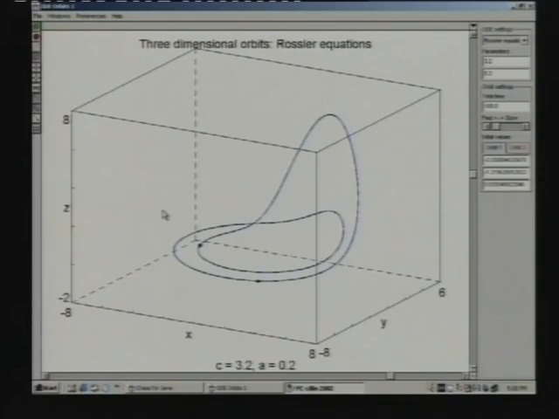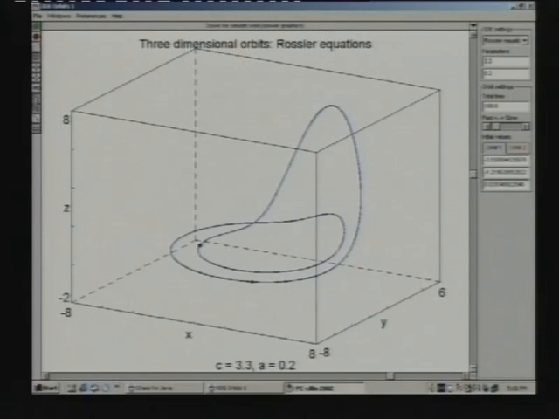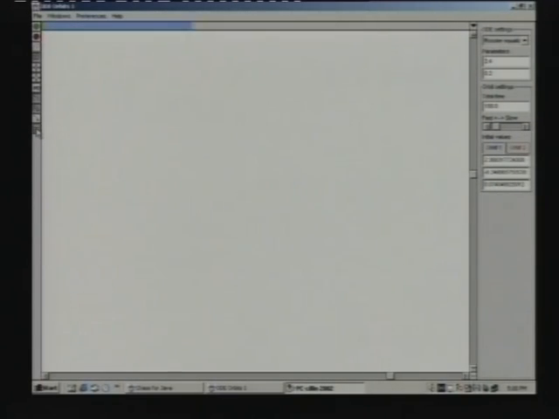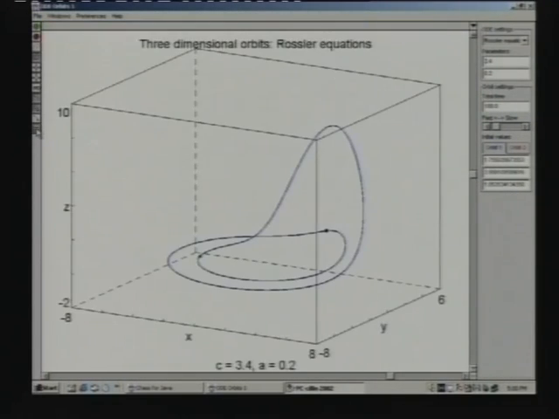Okay. So, you can see that now it is still a period 2 orbit. Let us increase the parameter in steps. I am increasing in very small steps though. It seems to be still a period 2 orbit. Still a period 2 orbit. Fine. Okay.